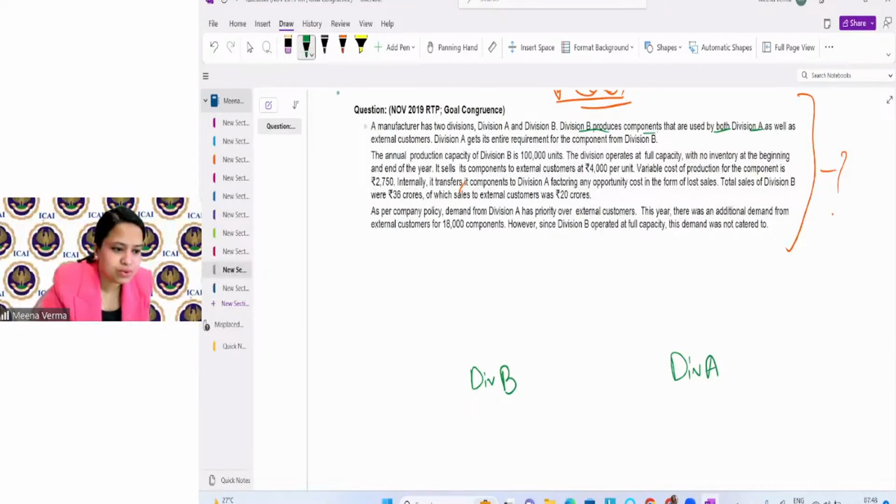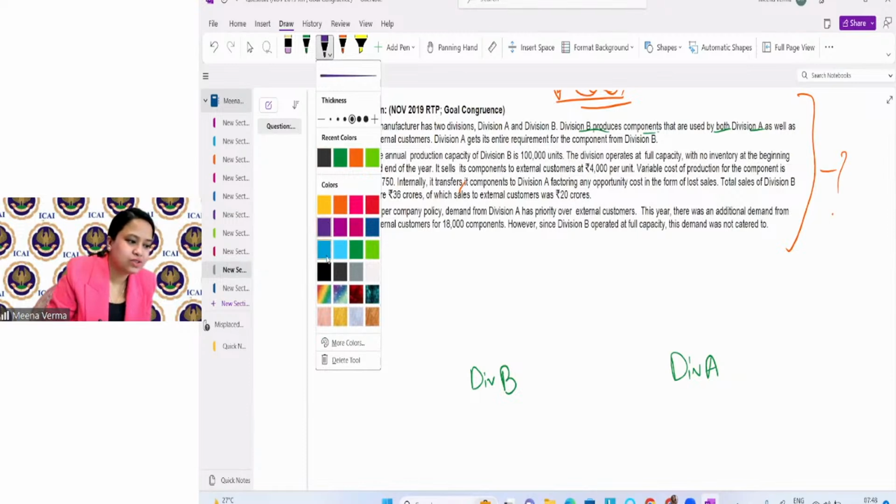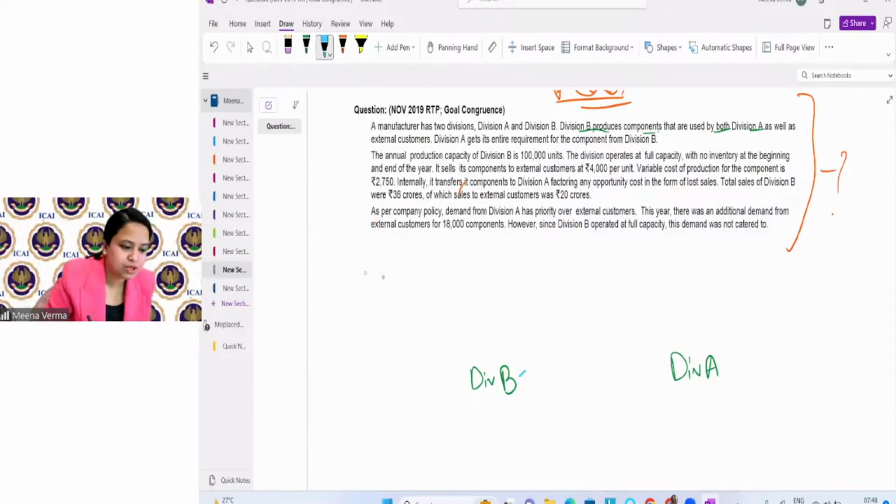Division B produces a component that is used by division A. Division B is producing the goods which are used by division A. Then, as well as external customers. Division B is producing the goods which are used by external customers also.